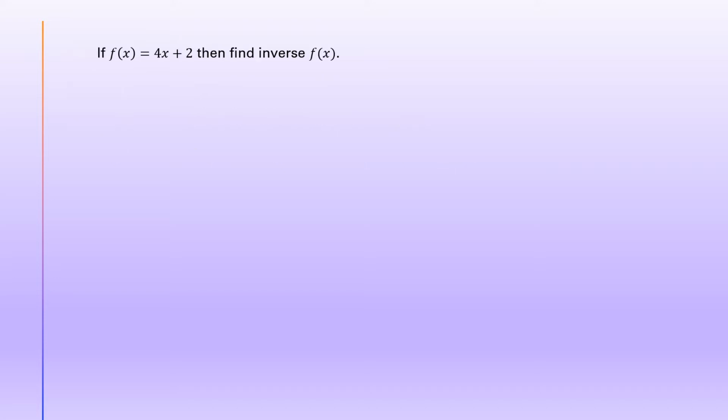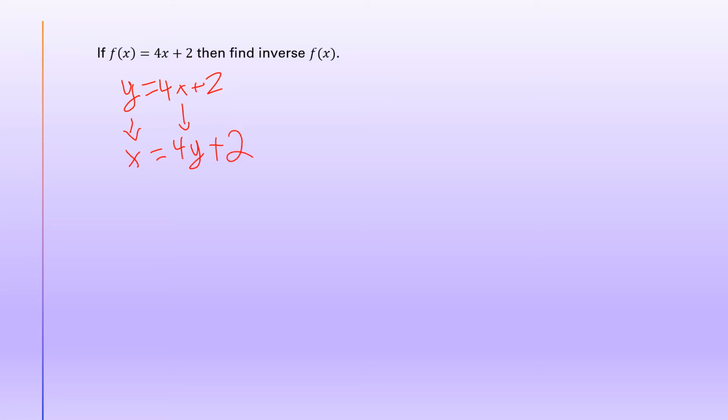Let's try an example. If we have f of x equals 4x plus 2, then find the inverse of f of x. So let's replace f of x with y. So y equals 4x plus 2. Next, we replace the variables. So x equals 4y plus 2, because y becomes x and x turns into y.